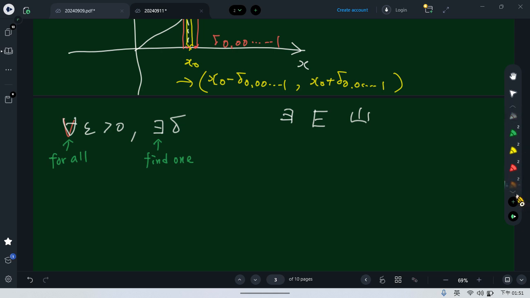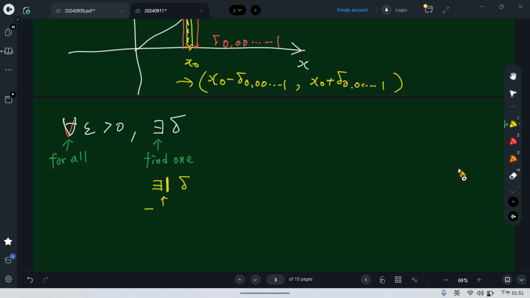So I hope you can understand these symbols, because later on normally we will use them to shorten the description. This is "I can find one," but if I write this one, you can see a special bar here.